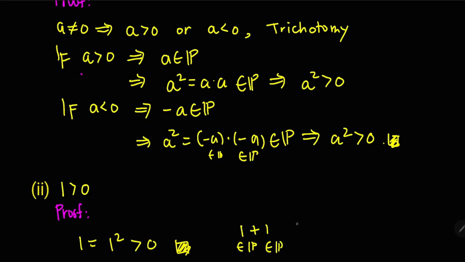Then the only logical conclusion is that 1 plus 1, which is 2, is also positive. Now, 2 is positive and 1 is positive, so 2 plus 1 must be positive. But 2 plus 1 is 3, so 3 is positive. 3 plus 1 is 4, so 4 is positive. 4 plus 1 is 5, so 5 is positive. And so on.